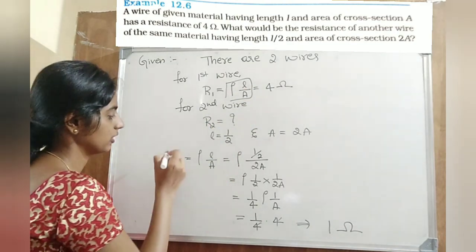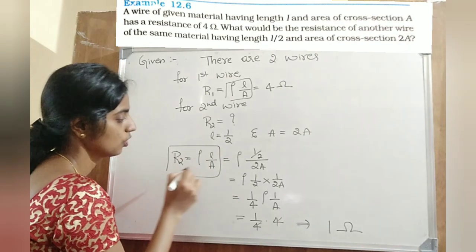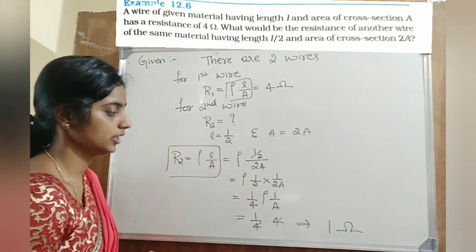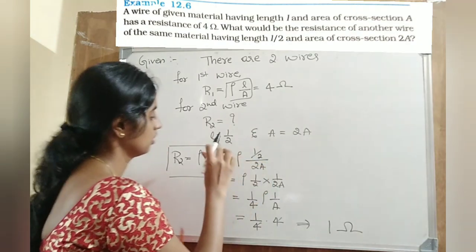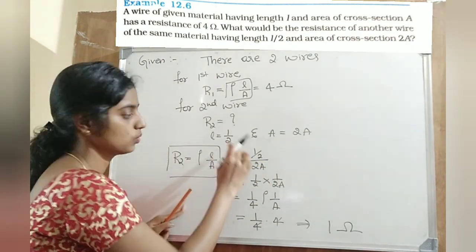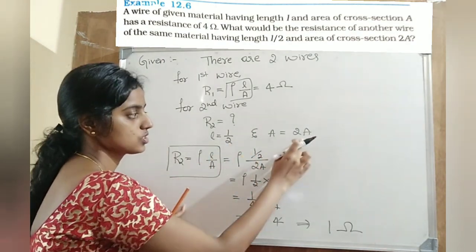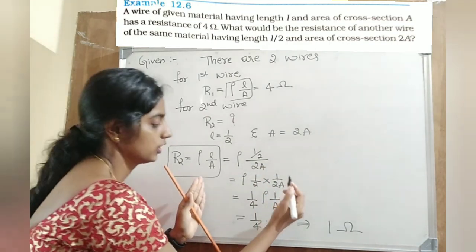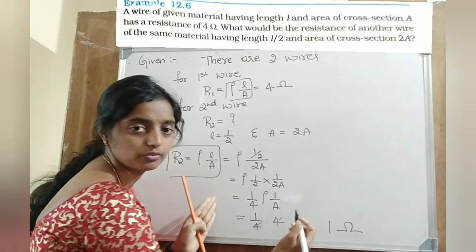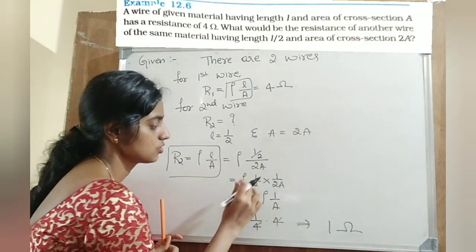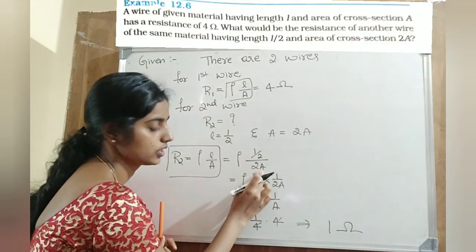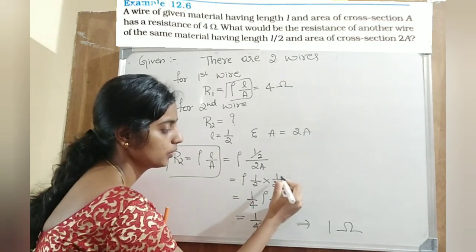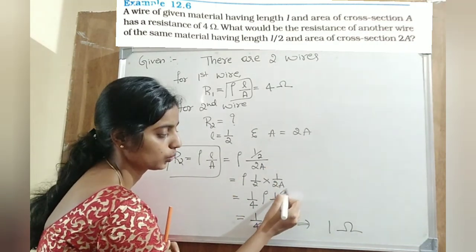For the same equation, we will take R2 and substitute the values. Rho, they have given rho. Now L is what? L by 2, substitute here, and the area is 2A, and we substituted here. Now we need to concentrate on how we are modifying the steps. So here L by 2, when this 2A in the denominator goes to the numerator, it will become 1 divided by 2A, right?